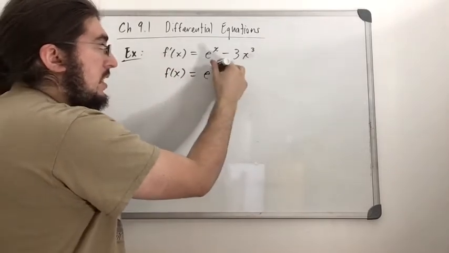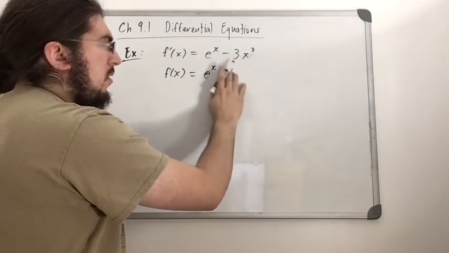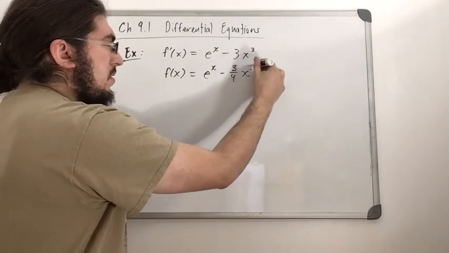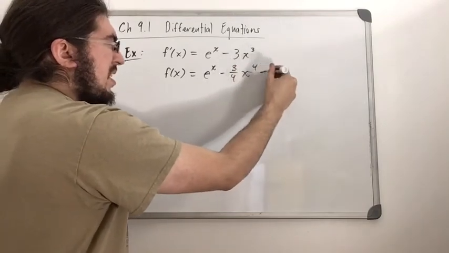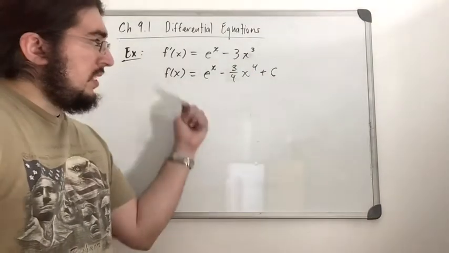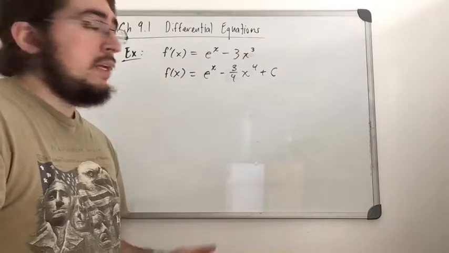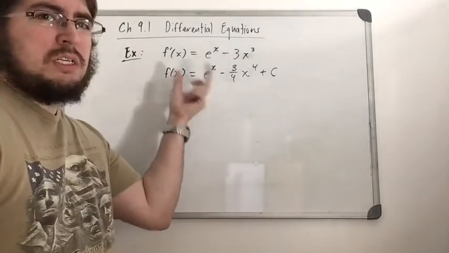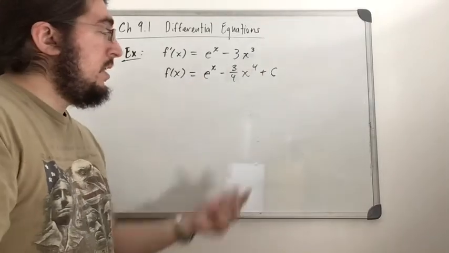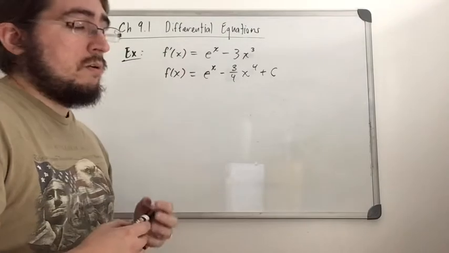Antiderivative of this is e to the x itself minus, I guess, 3 over 4 x to the new power, which is 4, and now plus c. And now this is what is called a family of functions because c can be anything really. So what we can say is this solution to this differential equation, there's actually infinitely many because c can be whatever. c can be 5, 0, 100, and it would still be a solution to this differential equation.